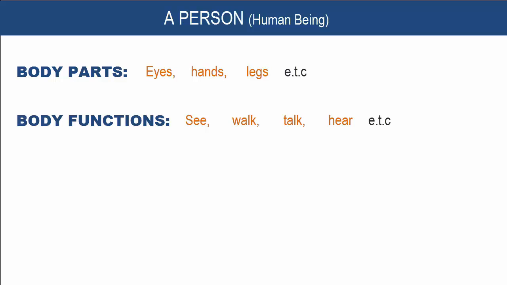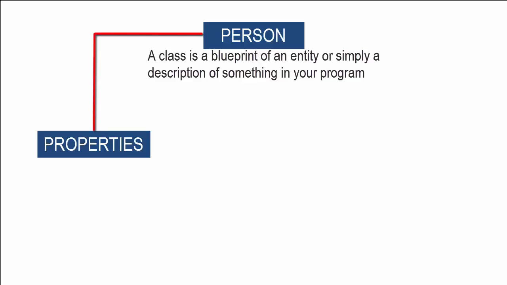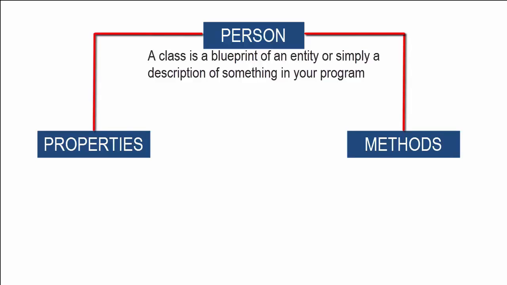Now, what is a class? From the example given, let's present person as an example of a class. By definition, a class is a blueprint of an entity or a description of something in your program. A class defines two things: properties and methods.